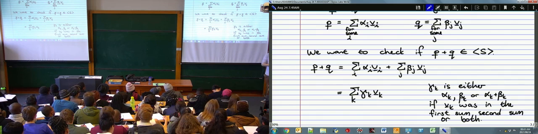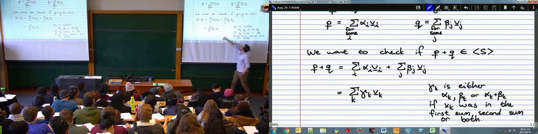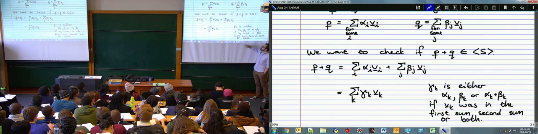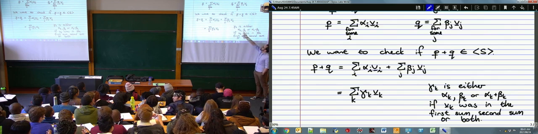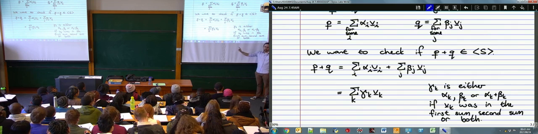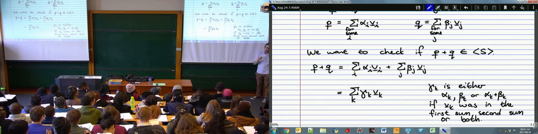On the other hand, there may be overlap between them. So for these coefficients, if a vector appears only in the first sum, you just take the coefficient from the first sum. If the vector appears only in the second sum, you take the coefficient from the second sum. If the vector appears in both sums, you just add those two coefficients: gamma k will be alpha k plus beta k.